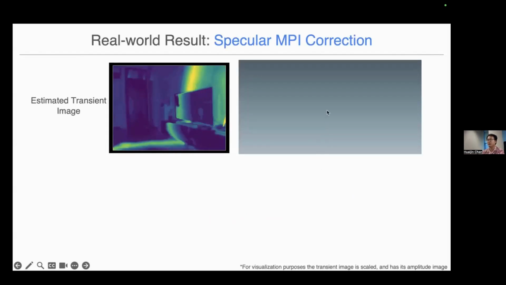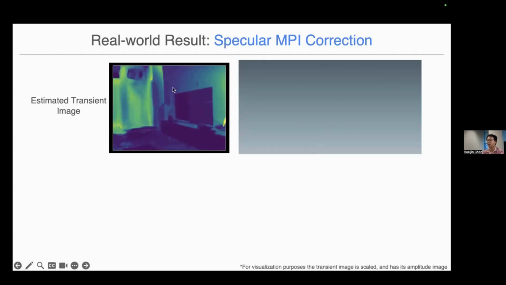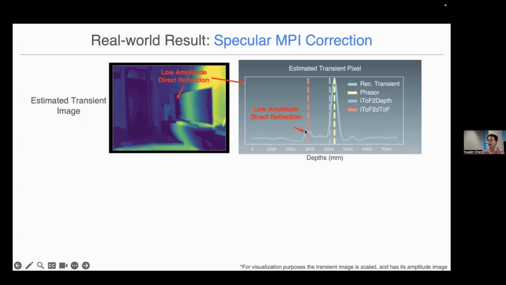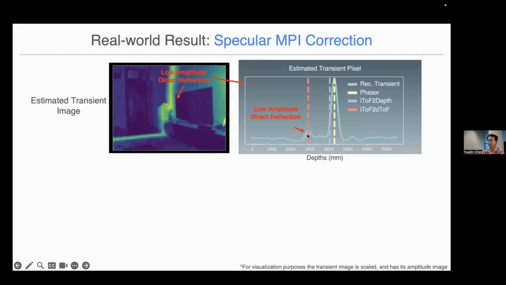And so here is one result of the estimated transient image, right? The scene is actually my living room back in the COVID time, because we didn't have access to the lab. This scene exhibits specular reflections on the television, which lead to a low amplitude direct reflection component, as you can see in the recovered transient pixel.